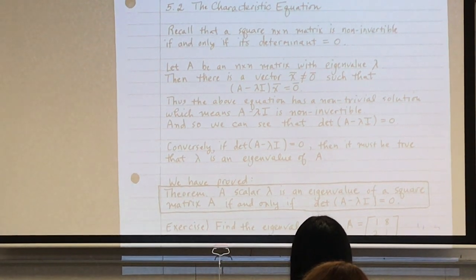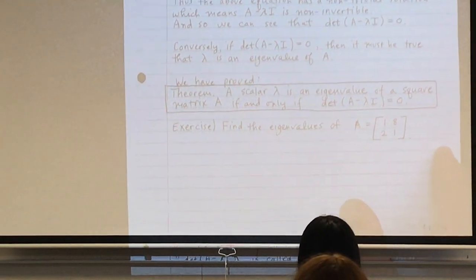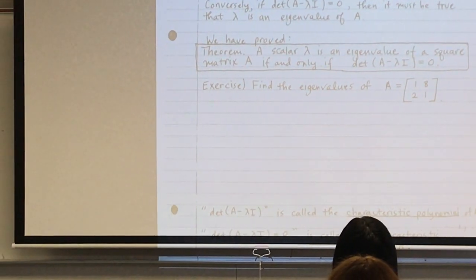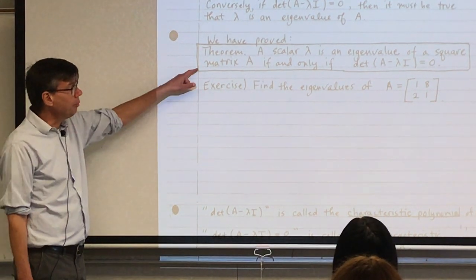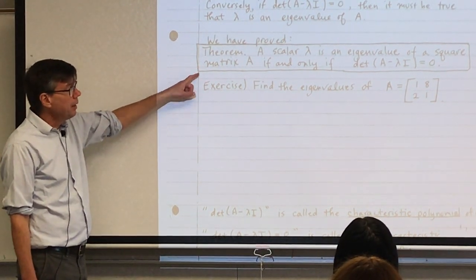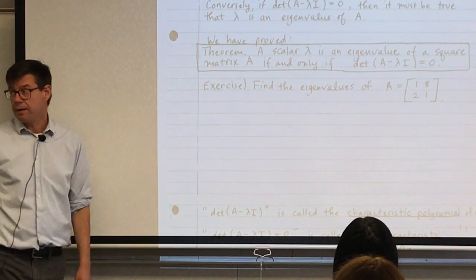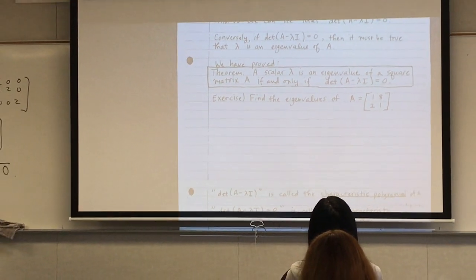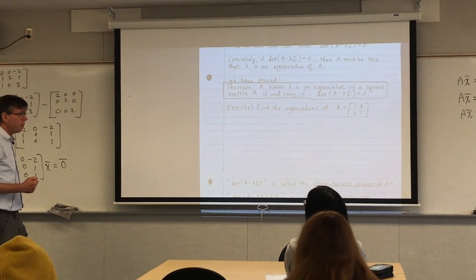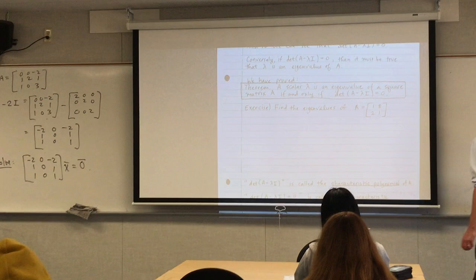This is going to be one of our most useful facts, and you're going to have to apply it on our next exam probably. A scalar lambda is an eigenvalue of a square matrix A if and only if the determinant of A minus lambda I is 0. I don't want to work all the way through it, but let's set it up and then we'll quit for today.